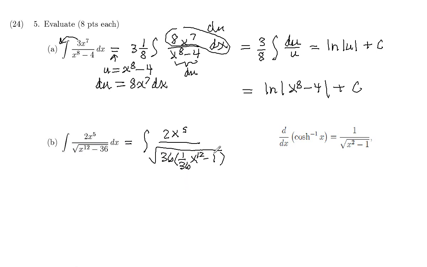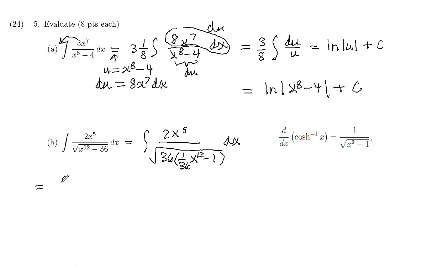So now if you multiply this back in times each piece, you still get your x to the 12th minus 36. So now dx out on the end, and now we can take the square root of each piece on the bottom. So we can break off that square root of 36, which is a 6 in the denominator.